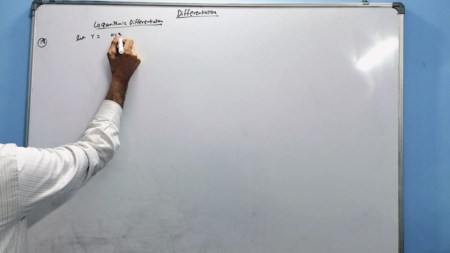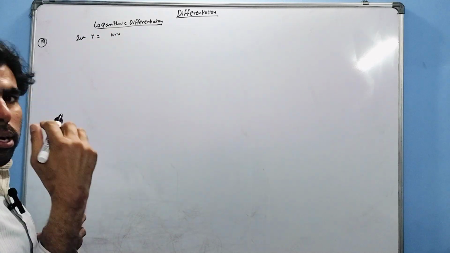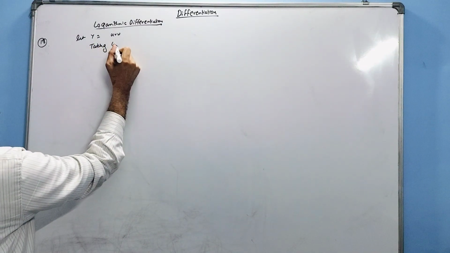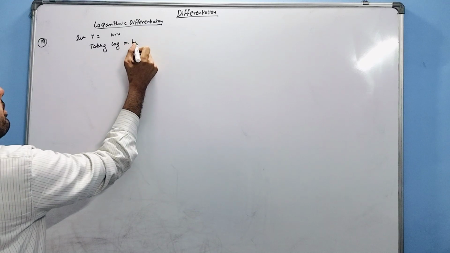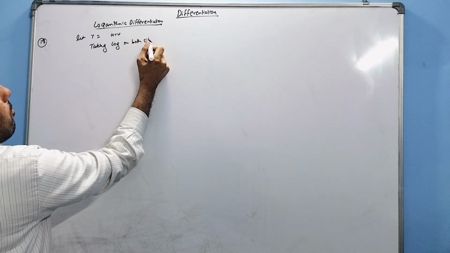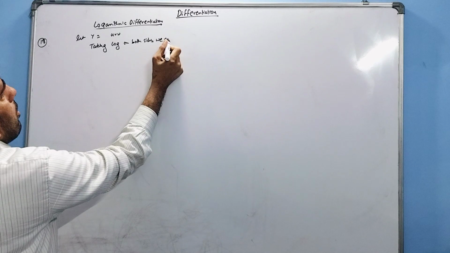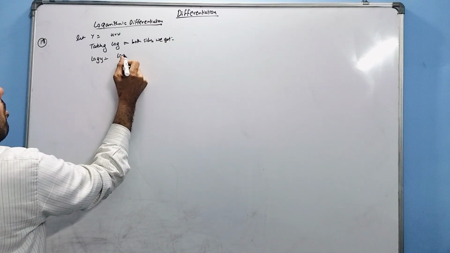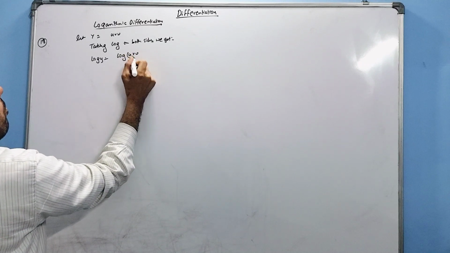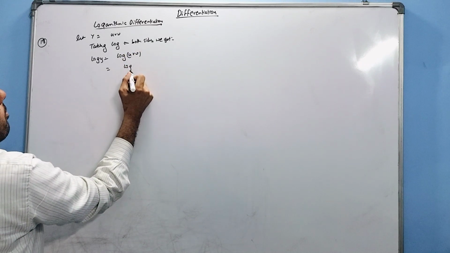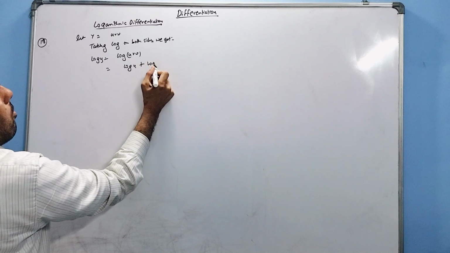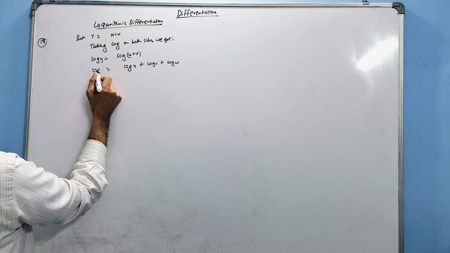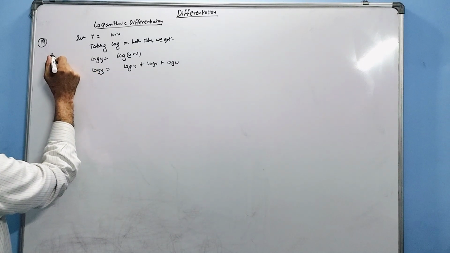First we'll apply the logarithm here. Taking log on both sides, we get log y equals log of u v w, so we have log u plus log v plus log w. This is the first method I am using, that is logarithmic differentiation.